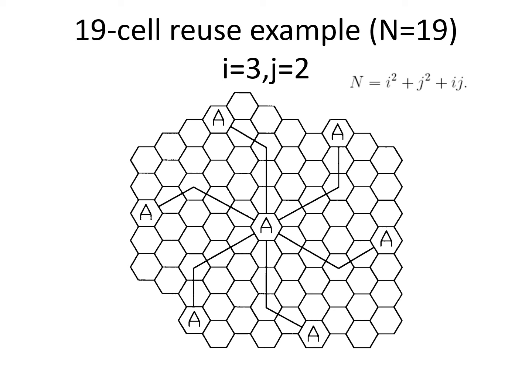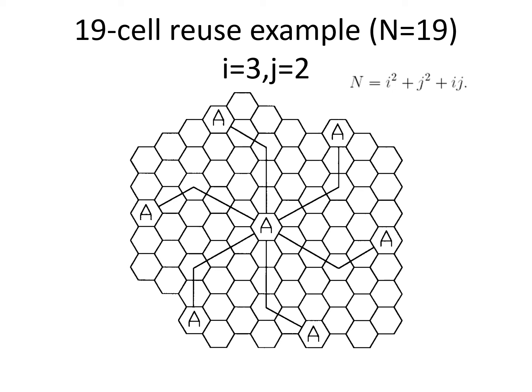So how can you find the other co-channel cell from one co-channel cell? First of all, starting from a center, we move a distance of i cells along any chain line of the hexagon. Here i is 3, so we move 3 from any center line of the hexagon, and from there we turn either 60 degrees counterclockwise or 30 degrees clockwise and then move j distance, in this example 2 units, and reach the other co-channel cell.